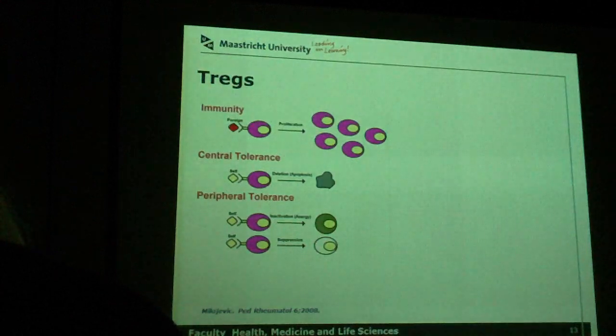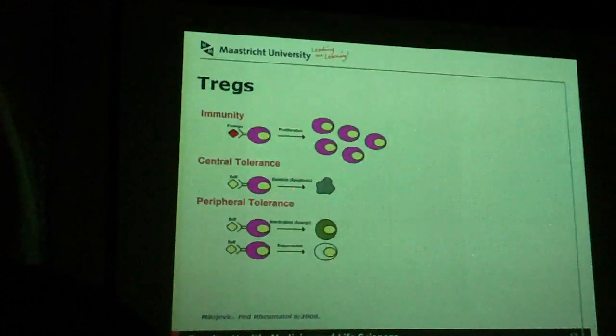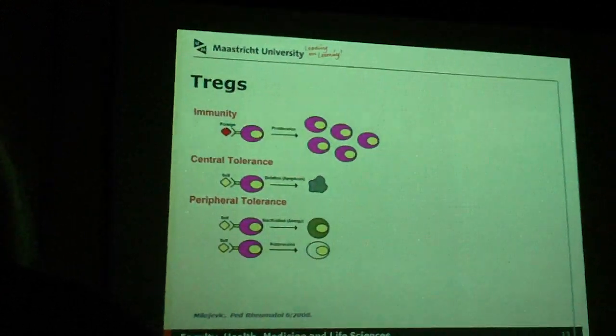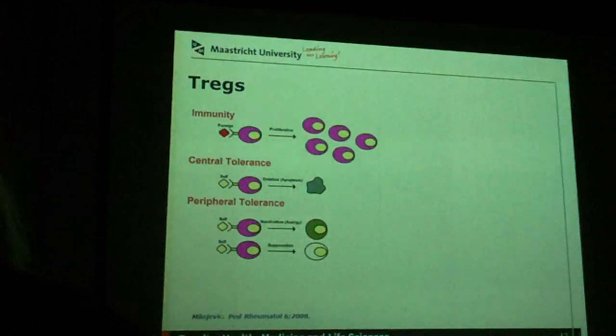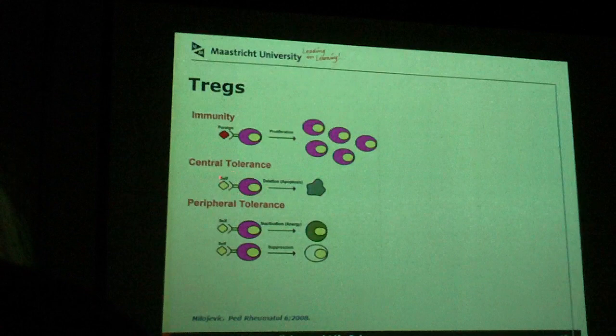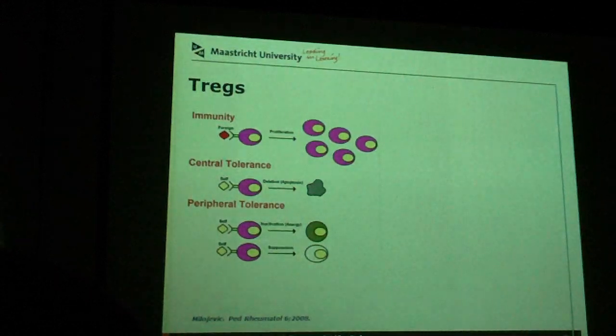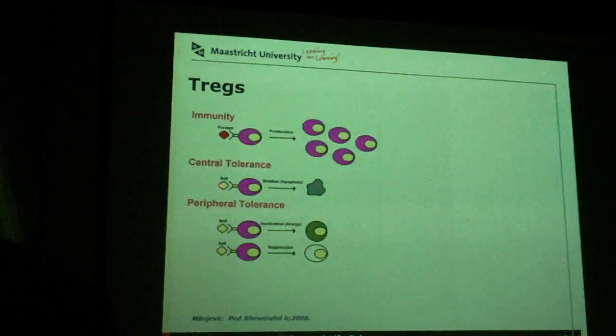Therefore, your T cells are educated. This education happens in the thymus. So when a T cell in the thymus recognizes a self-antigen with relatively high affinity, this clone of T cell will be deleted. And that's the main reason that we don't, as we sit here, all develop autoimmune responses. So the dangerous clones are deleted by central tolerance.